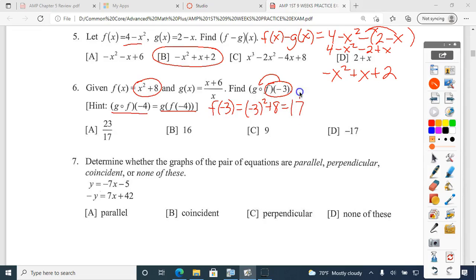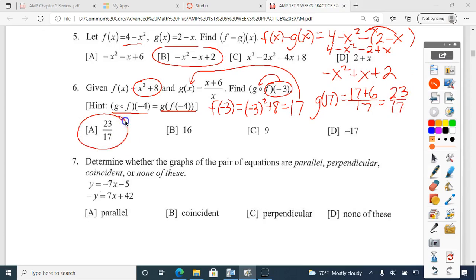And now we're going to take that answer and plug it in for g. So g of 17 would be 17 plus 6 over 17. That's 23 over 17, which is an ugly answer, but it's my answer for number 6.